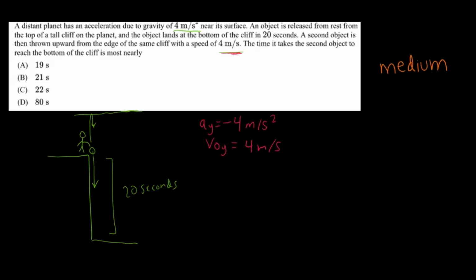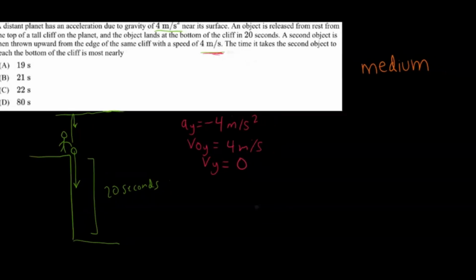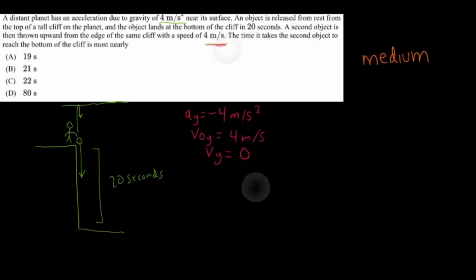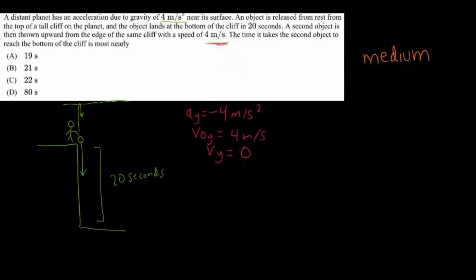And the final velocity is going to be 0, because in projectile motion, when you throw an object, for a brief moment at its apex the velocity is 0. The only force acting on it is gravity, so the velocity gets slower and slower towards 0 before it becomes negative and the object starts falling down.